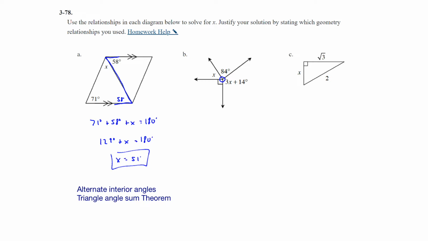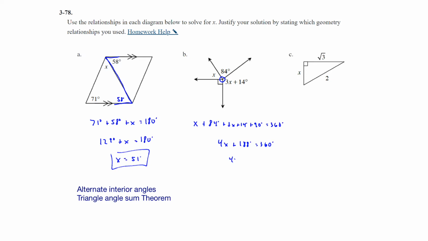is 360 degrees. So can we say x plus 84 degrees plus 3x plus 14 degrees plus the 90 degrees is equal to 360 and solve that. So combine our like terms. That's 4x plus, I think, 188 degrees.